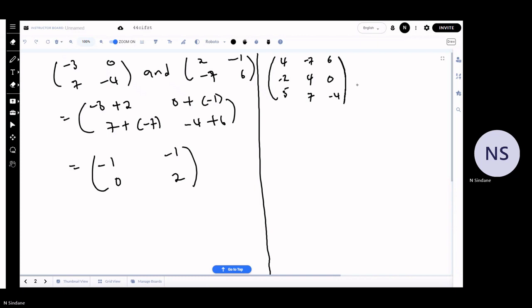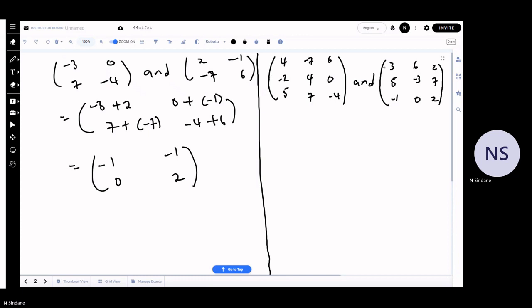This must be added to 3, 6, 2, then 5, -3, 7, and -1, 0, 2. Right? This is what we have.